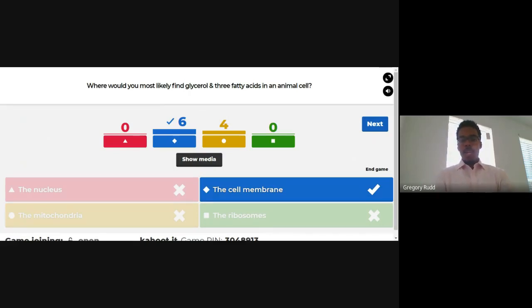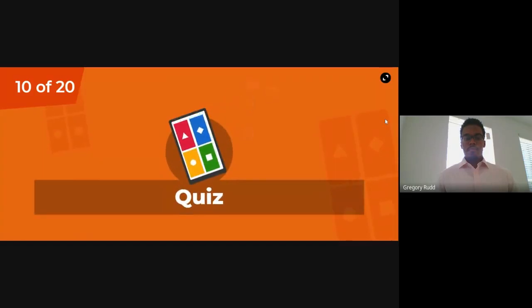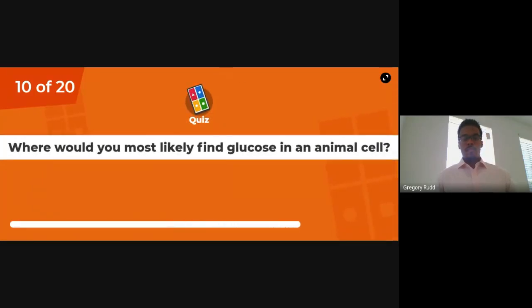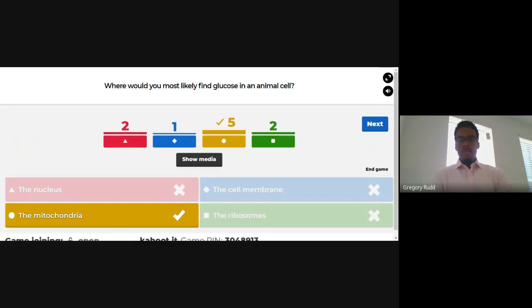So the cell membrane is made up of lipids. It's made up of phospholipids. Good. So glucose, of course, is the food that we need to make energy. So mitochondria make the energy, so they need a lot of glucose.